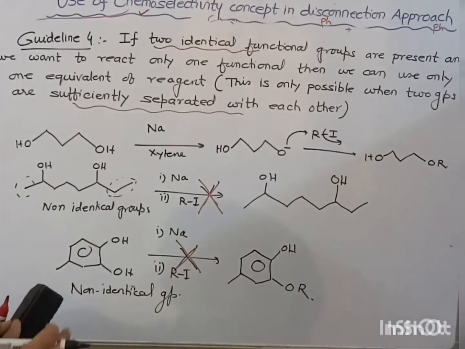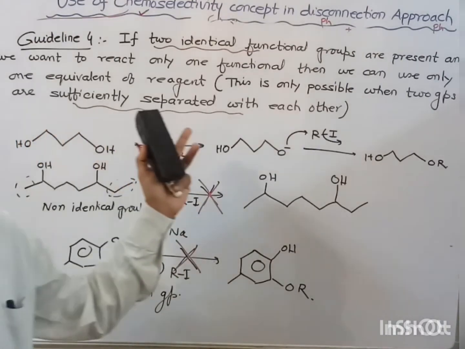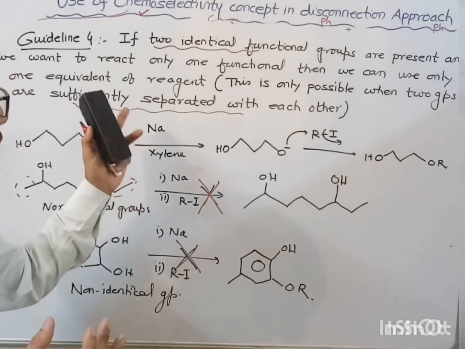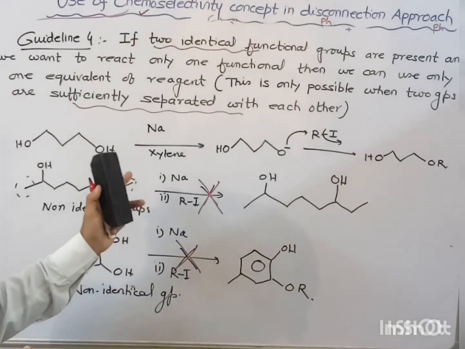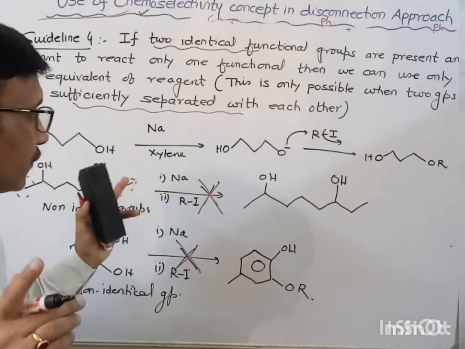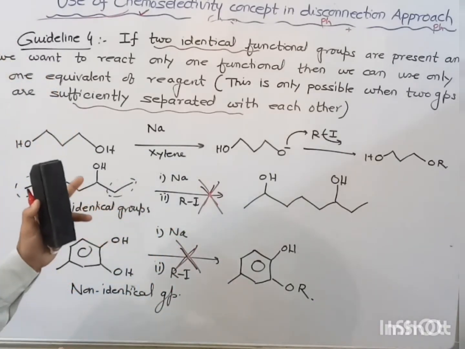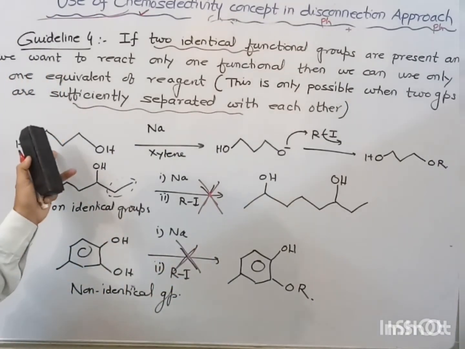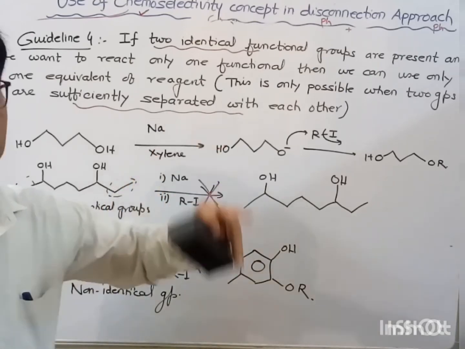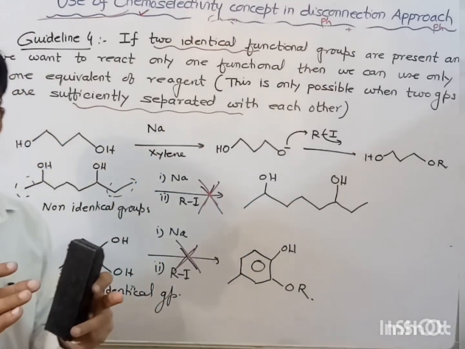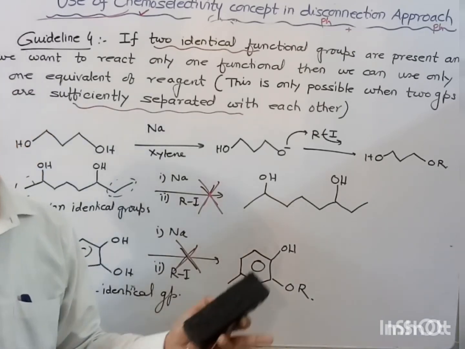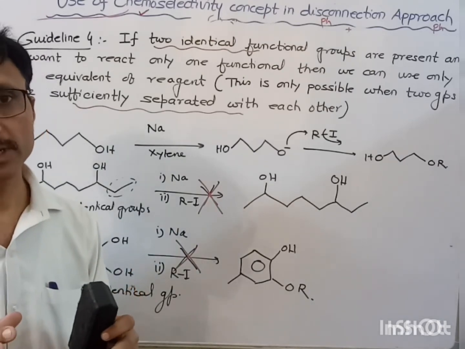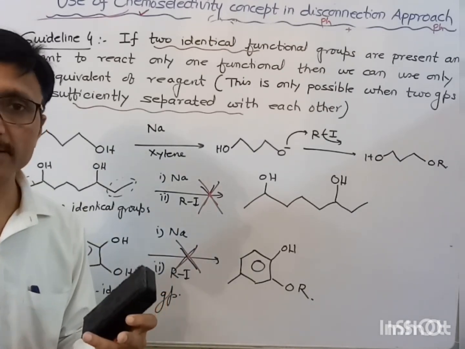Now let's see the next guideline, which is very much related to this one. It says that if two identical functional groups are there and we want to react only one functional group, this can be done by converting the reactant or target molecule into its derivative. Then we may change one of the functional groups out of two, converting it into another functional group.